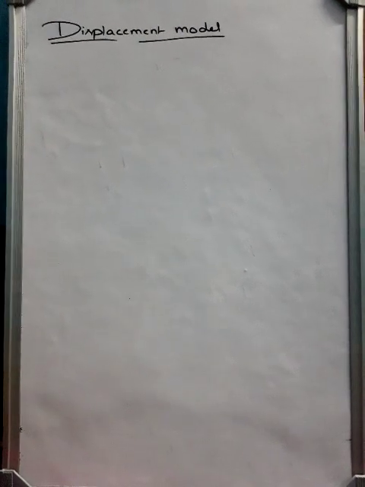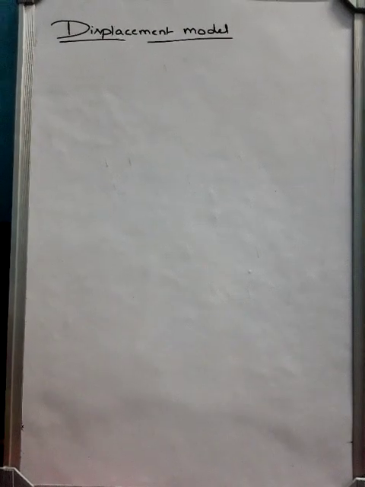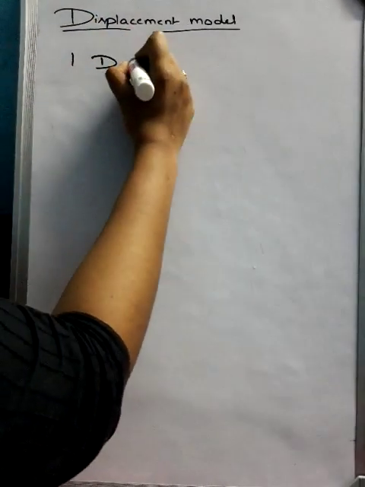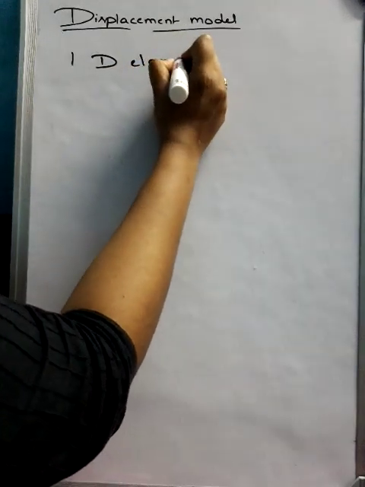Now, we will see for a 1D element, a 2D element and a 3D element how we are going to write the displacement model. First, I will write for 1D elements. For example, bar, truss and beam elements will be considered as 1D elements.